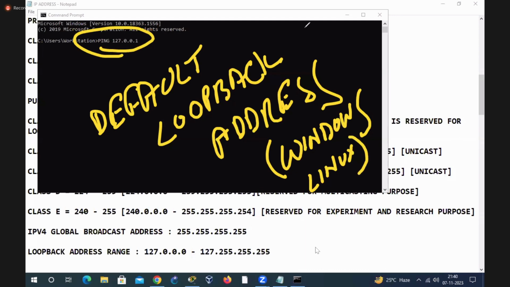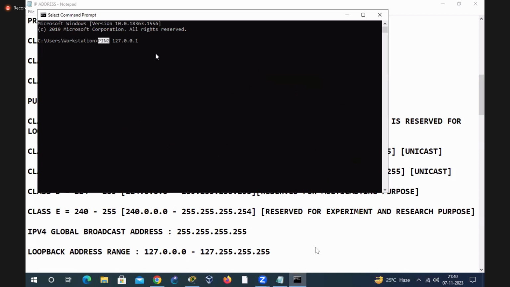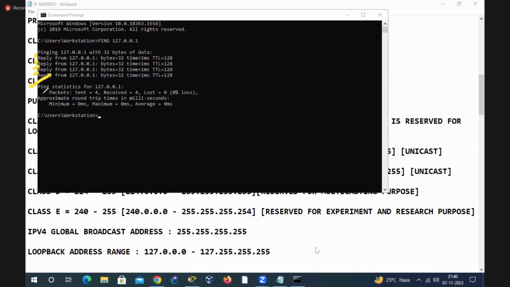If we do the ping test and press enter, you can see that you are getting the reply. In the ping statistics, how many packets are sent? 4. How many packets are received? 4.